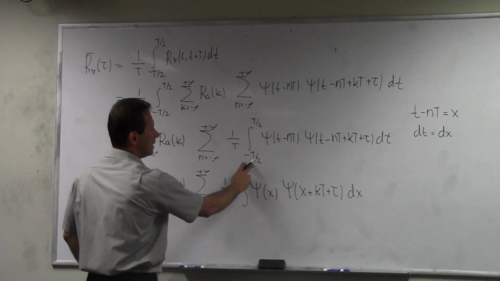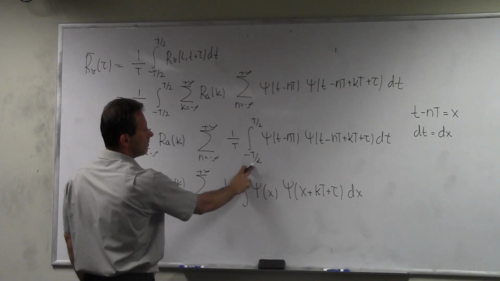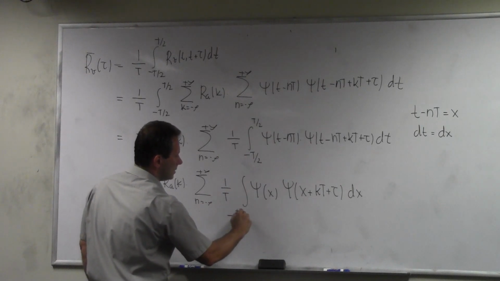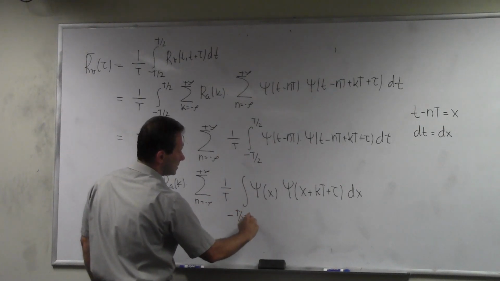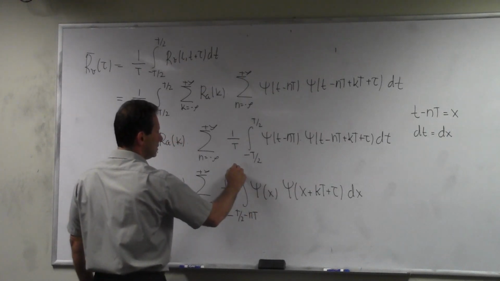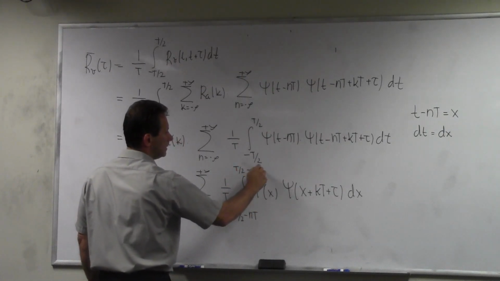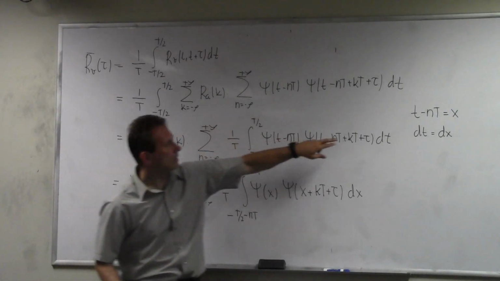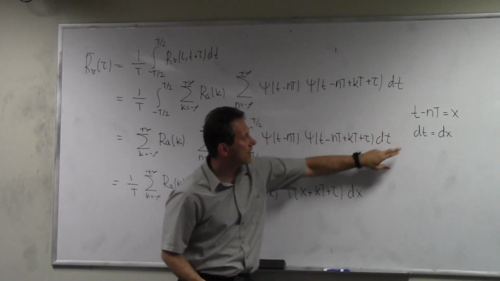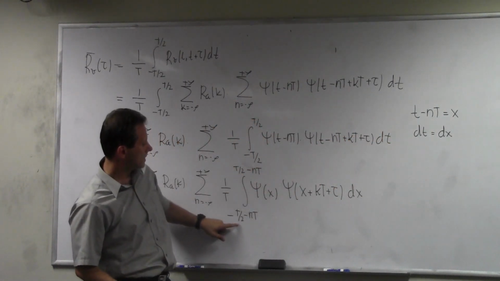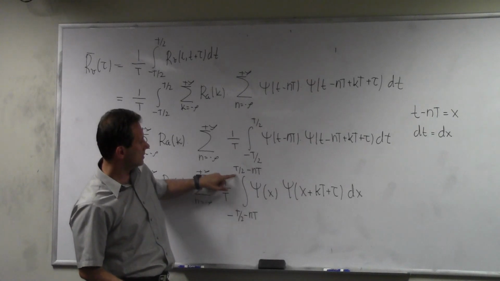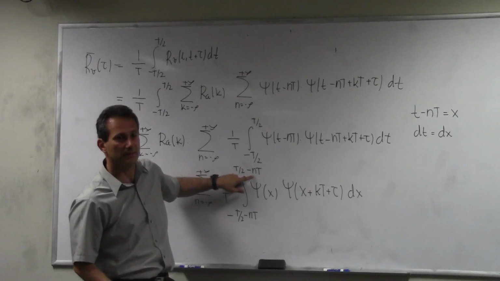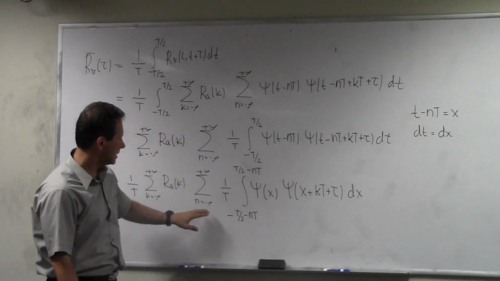And then when t is equal to minus T over 2, x is minus T over 2 minus nT, and when t is equal to T over 2, x is T over 2 minus nT. You understand now. Now, let's take a look at what this sum does.